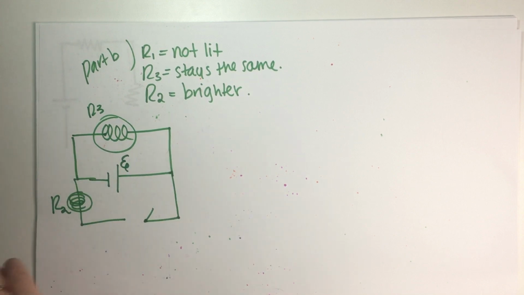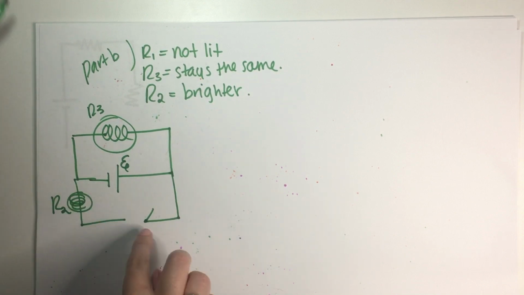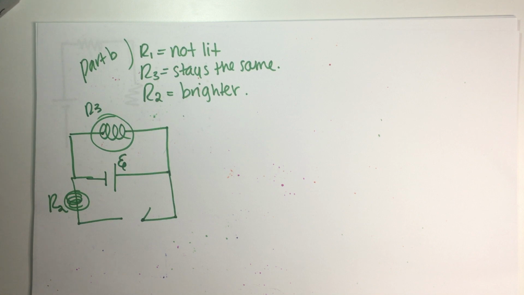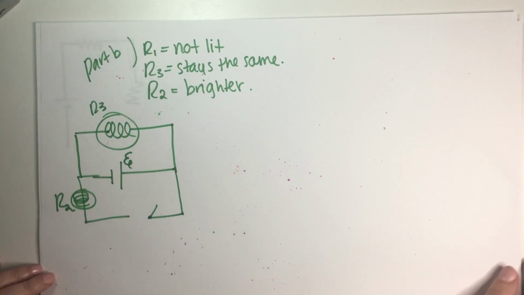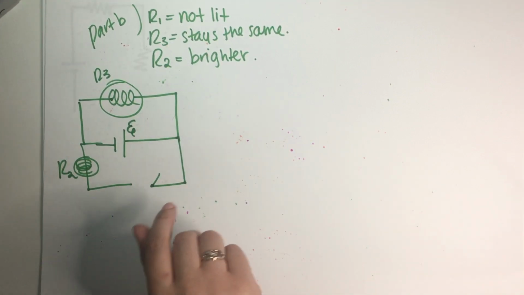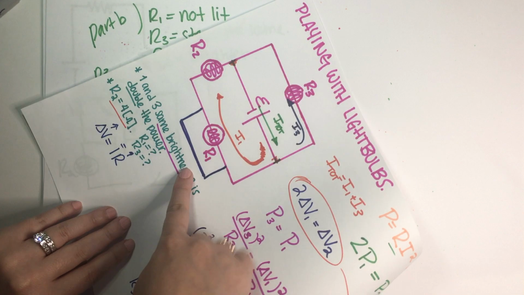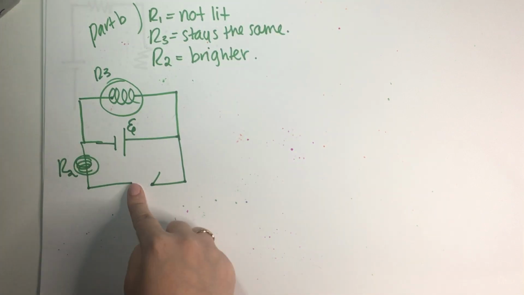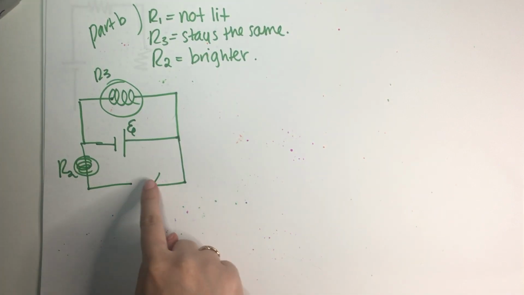Whenever a resistor burns out, it's basically an open circuit, which means that no electricity is flowing through it anymore, and this is very different than shorting out the light bulb. So this is a short out, and this is a burnt out.